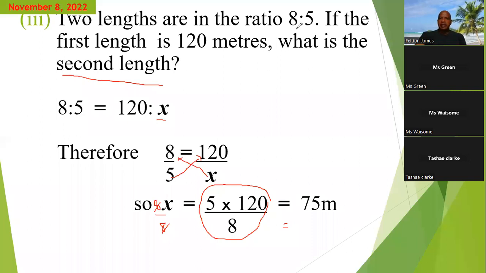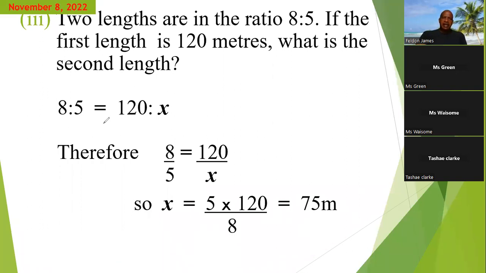All right. Now, another way that we could approach this question is we could use the comparisons of the ratio here. What we could say is that we know the first ratio on both sides.